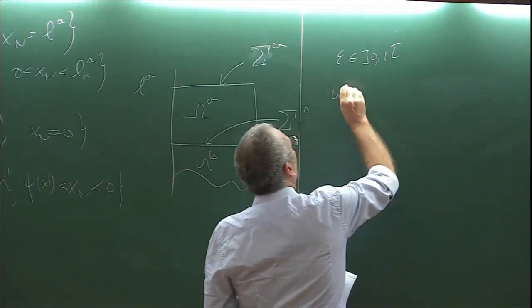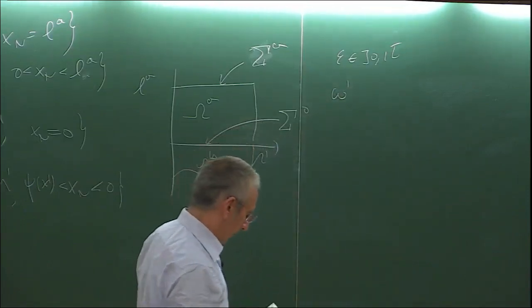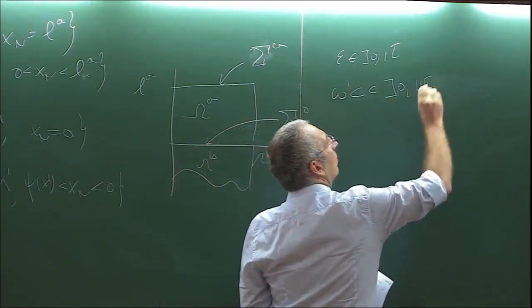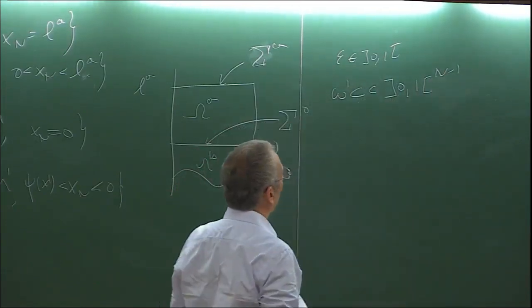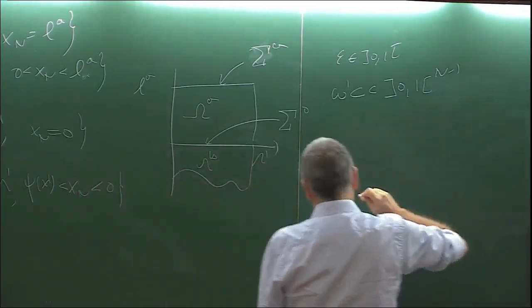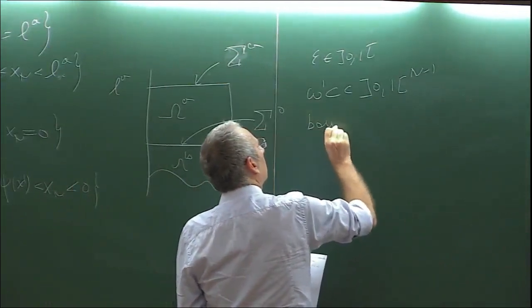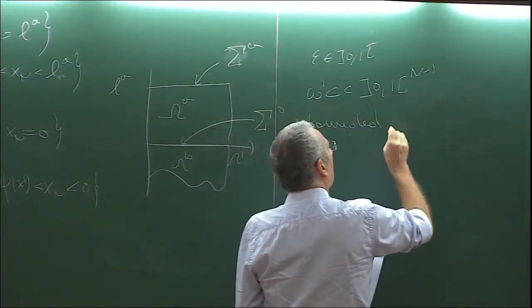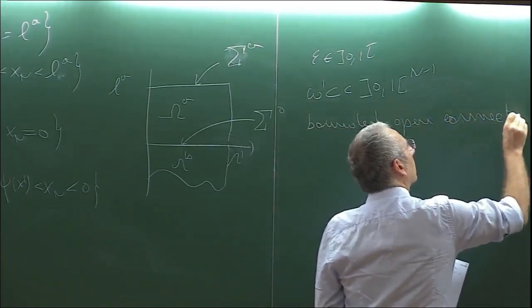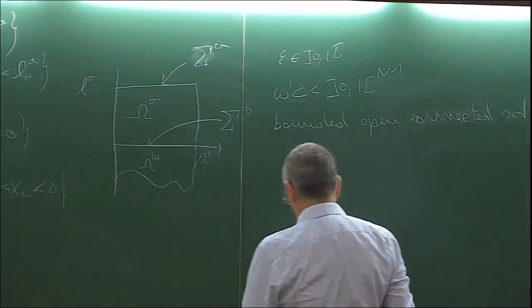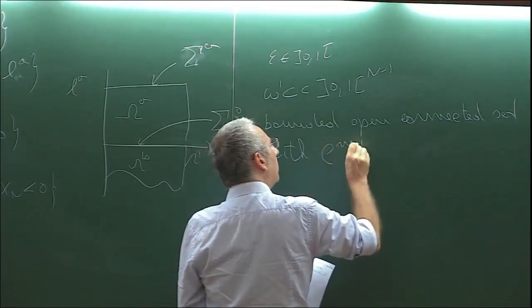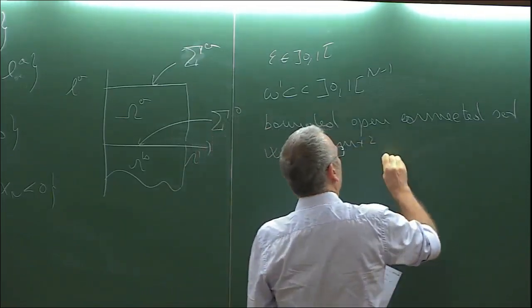With small omega prime, a subset of the interval (0,1)^(n-1), well contained in (0,1)^(n-1), bounded, open, connected set with C^(m+2) regularity.